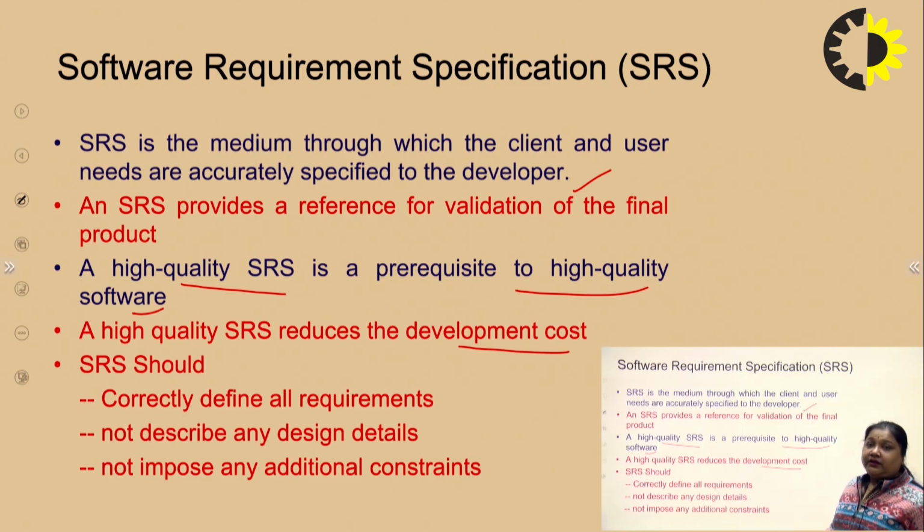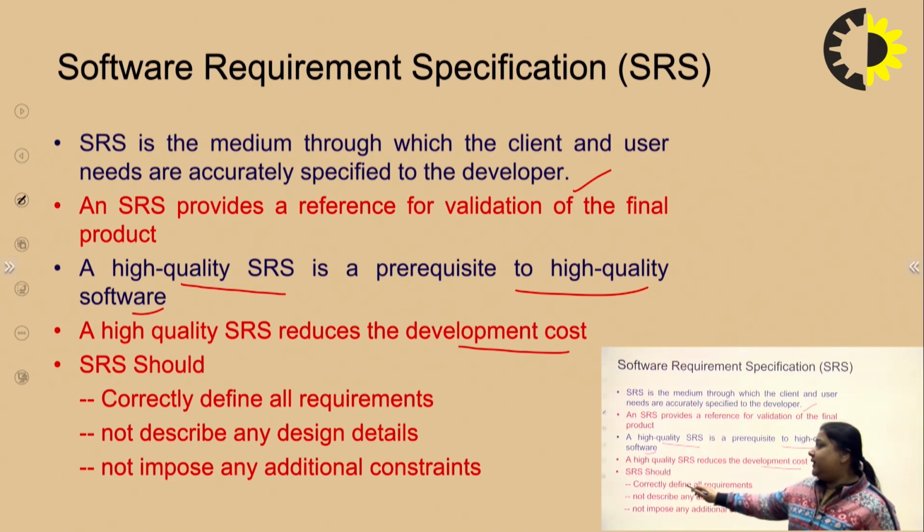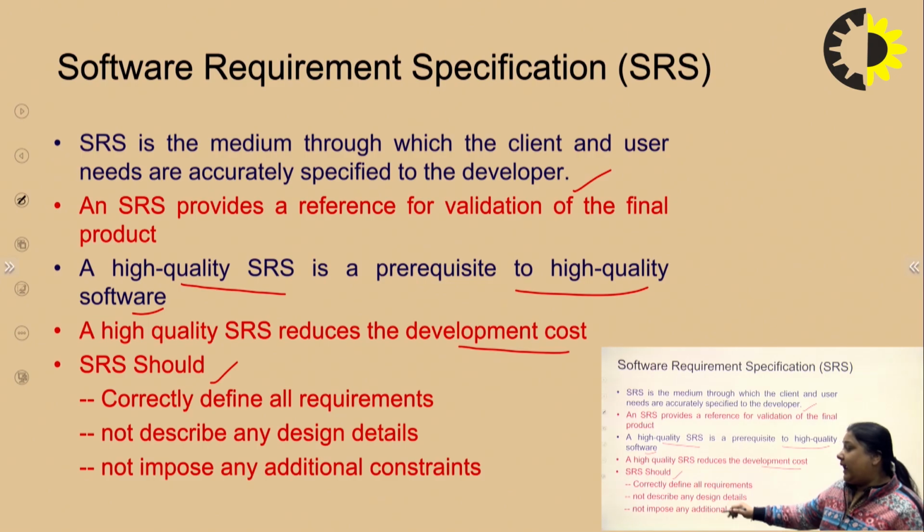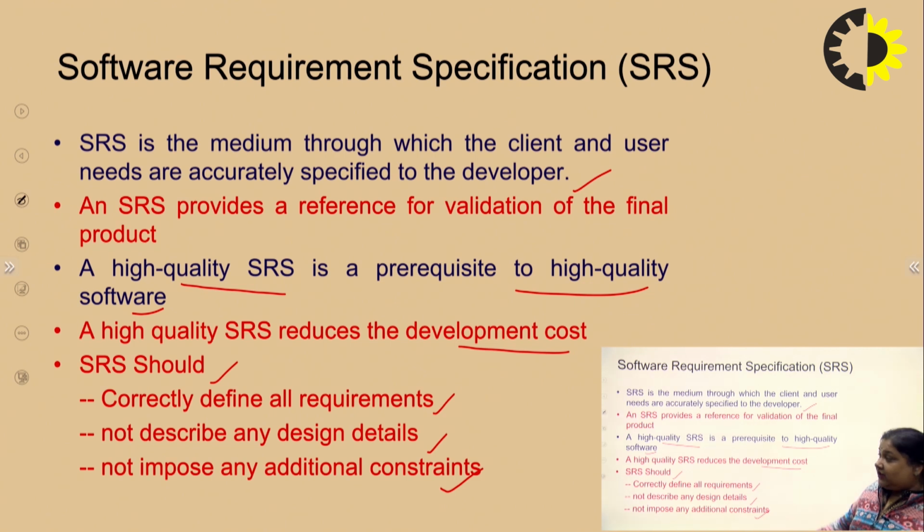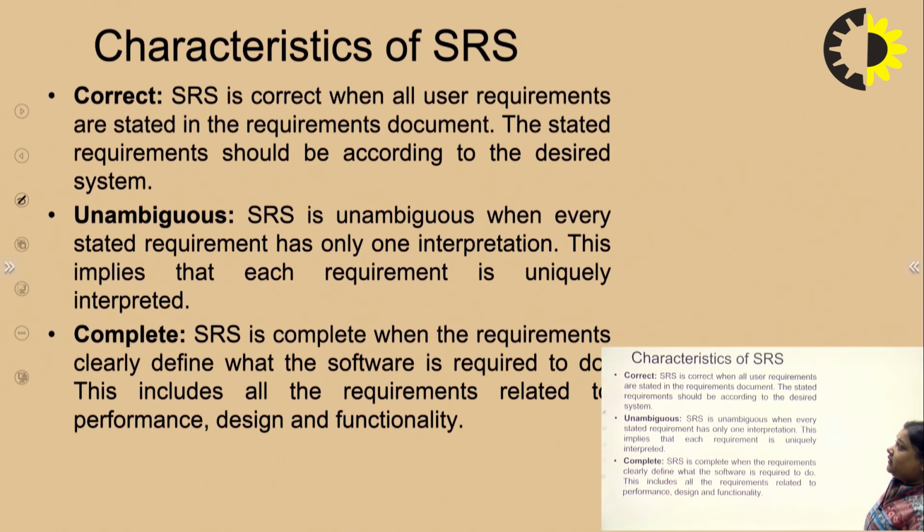It is already frozen and documented in a document that we call the SRS, and it should correctly define all the requirements, not describe any design details, and not impose any additional constraints. These are the points that an SRS should always include.